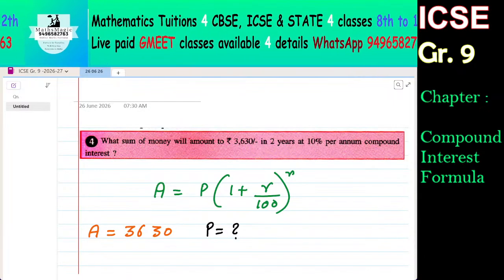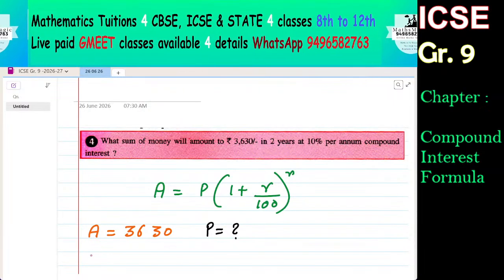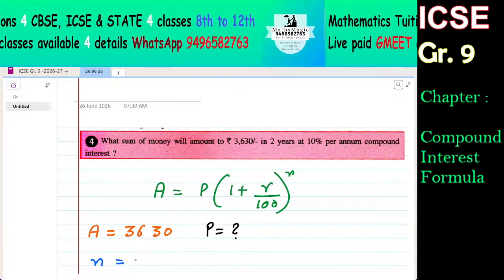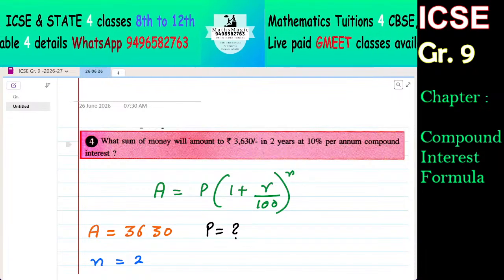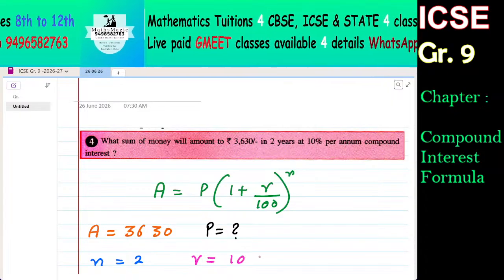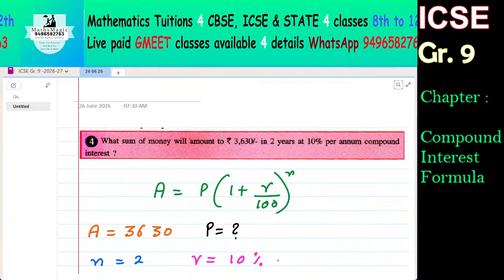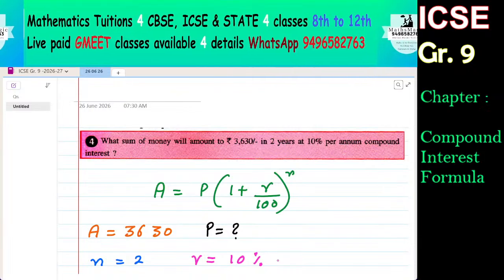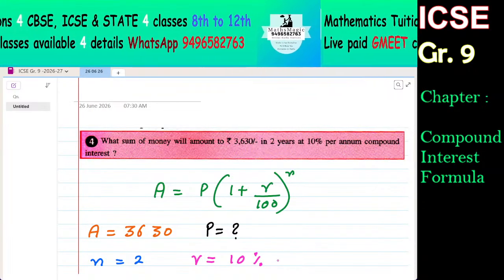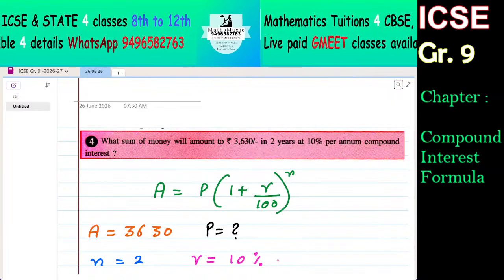And you have the next thing as the N, that is 2 years. And you have your rate percentage as 10%. Substitute all these values, simplify, cross multiply, simplify, you will get the value of P. Do it yourself.